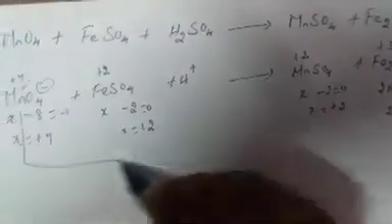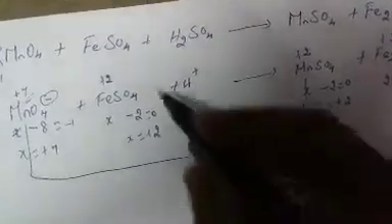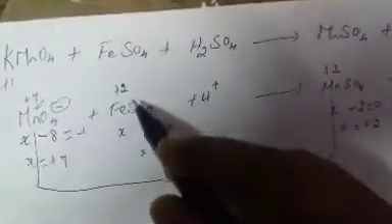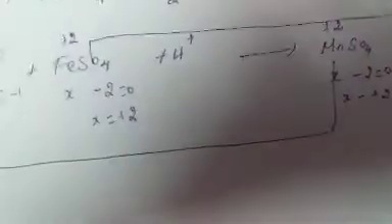Mn has various oxidation states, and iron has plus 2 and plus 3. Here Mn is plus 7 and here plus 2.